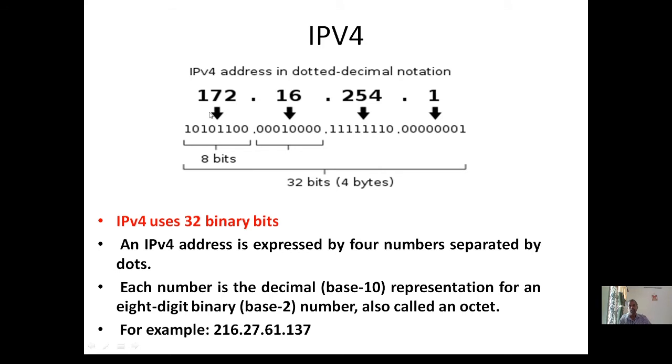That means IPv4 uses 32 binary bits. An IPv4 address is 4 numbers separated by dots. Each number is the decimal representation of an 8-digit binary number. This 8-digit binary number we can call an octet. This octet is represented in decimal form. These are the main characteristics of an IPv4 address.